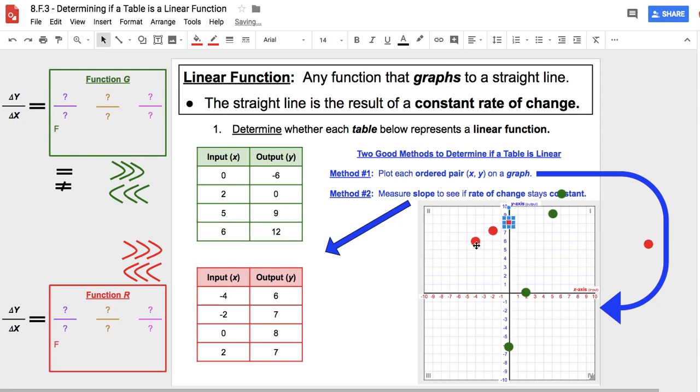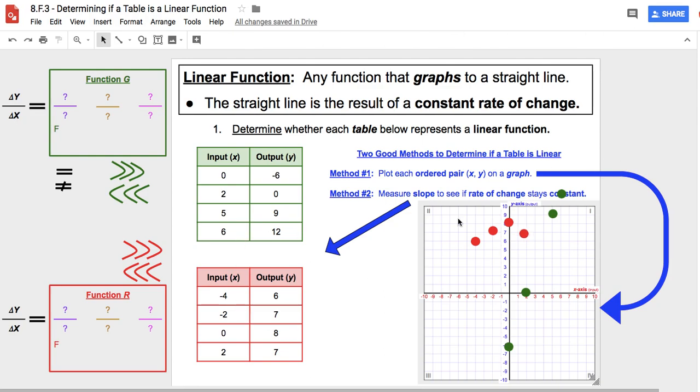And as of now, it looks like a linear relationship, but when we plot this final point, 2 for x and 7 for y, we see our function has changed its mind. It's now changing its slope and heading down as x is getting larger. So that must be some type of nonlinear relationship.